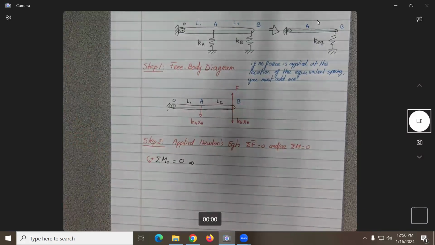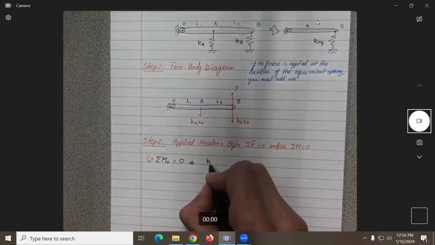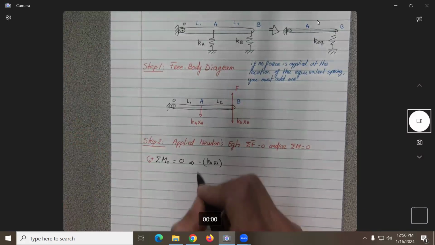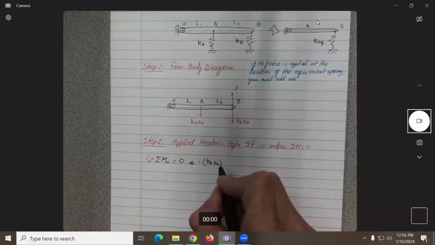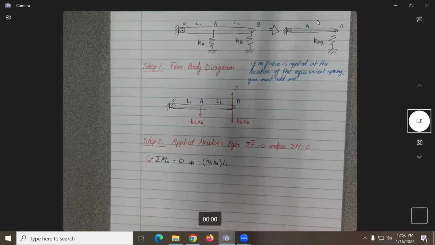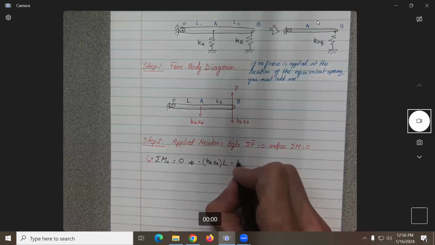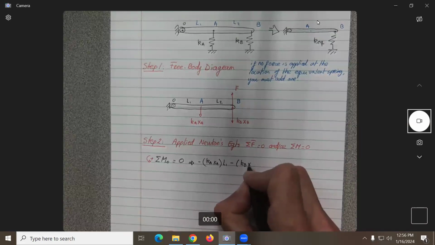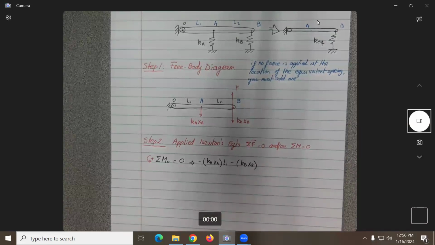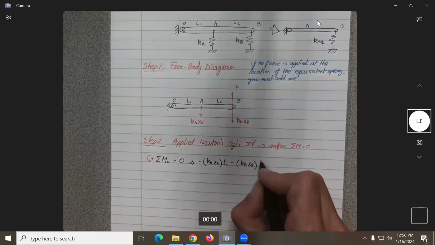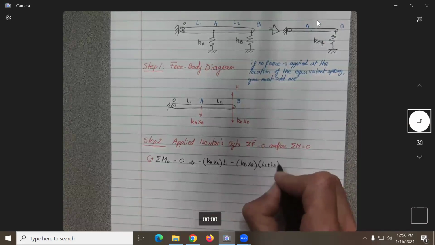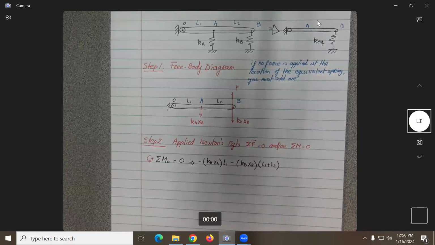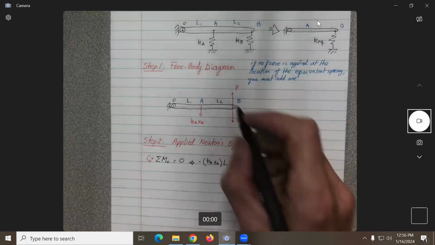What should be the equation? What should be the moment created by KAXA? Would that be positive or negative? Okay, so it would be negative KAXA times L1. Then what should be the moment created by the KBXB? It will be negative, but this time what will be the arm? L1 plus L2. And then what do we need to add here?